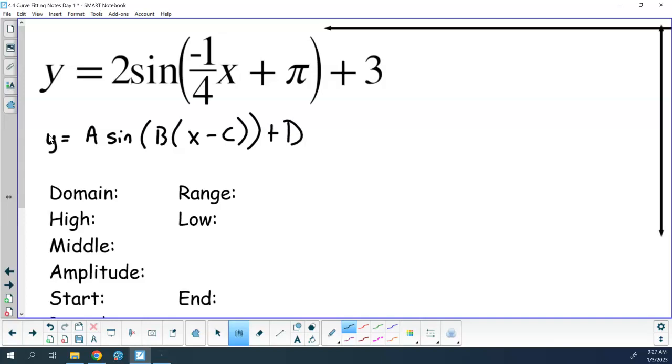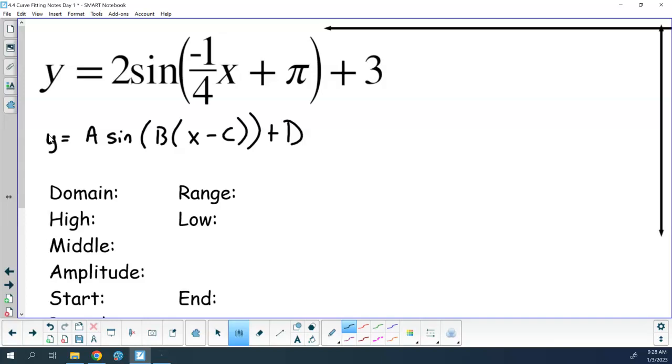So looking inside the parentheses, do we have an x minus c part, or do we have to do some factoring first? That's the very first question you need to ask.